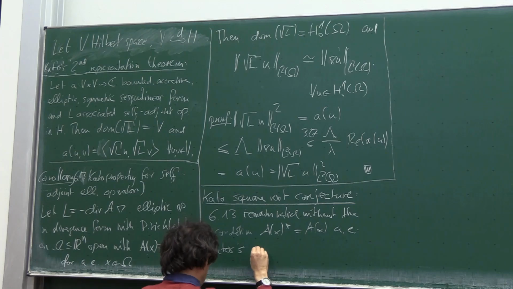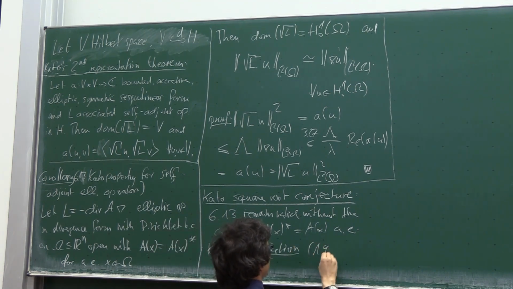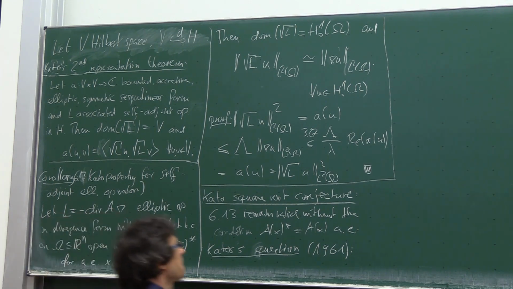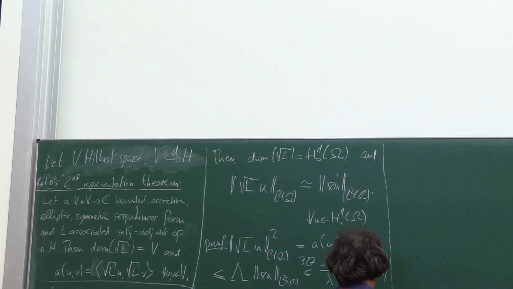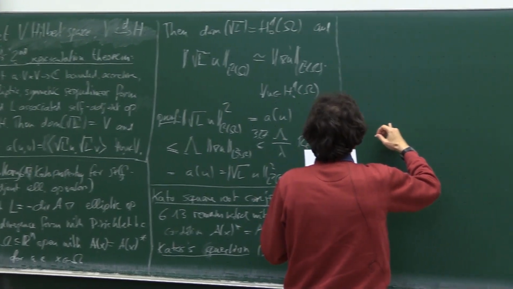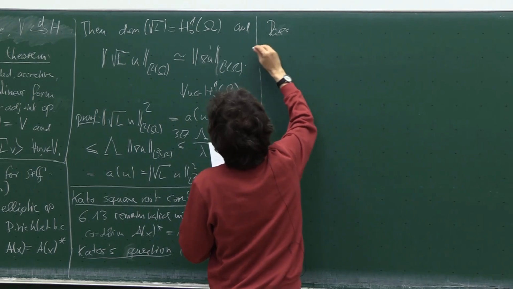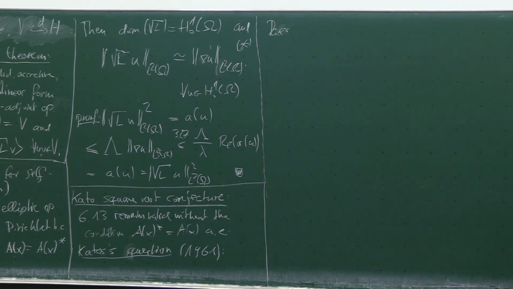So what was Kato's question in more detail? This dates back to 1961. Kato asked this question and made this conjecture in 1961. Rephrased, his question was: does this remain valid, so that the domain of the square root is just the same as the form domain?